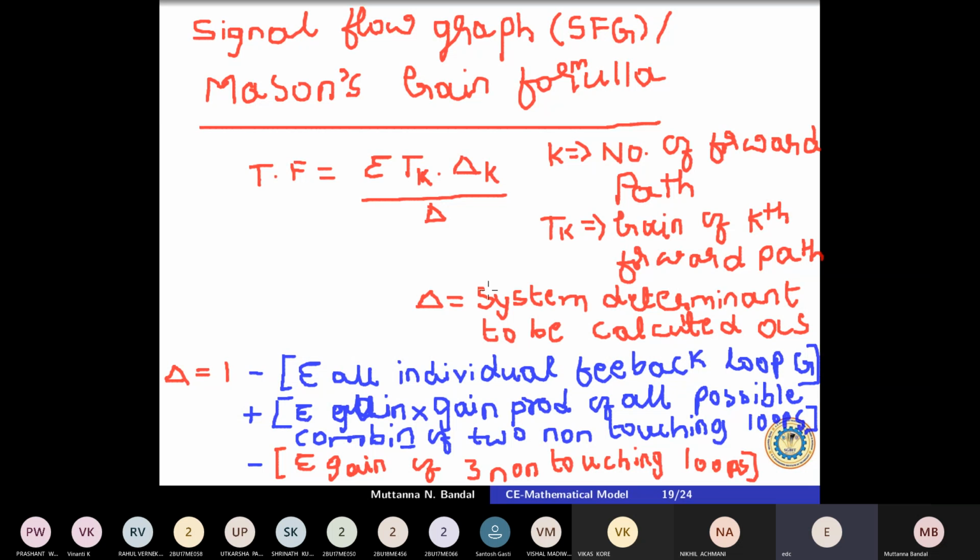This delta alone is the system determinant that has to be calculated, given by: delta equals 1 minus the summation of all individual feedback loop gains, plus the summation of gain products of all possible combinations of two non-touching loops, minus the summation of gain products of all possible three non-touching loops. You remember these terminologies. I will be explaining them in the next slide. I'll take off this part now.